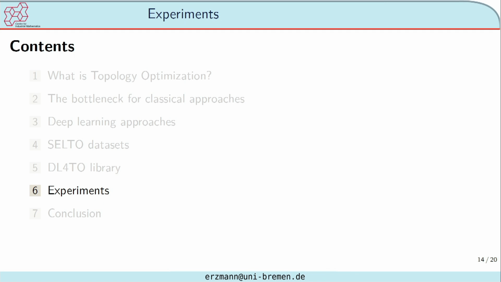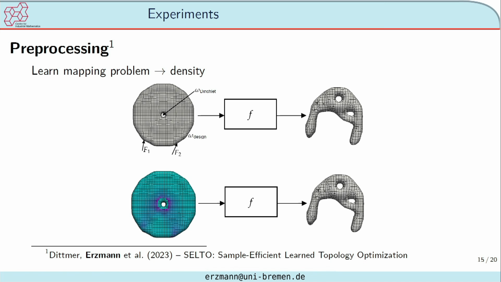Okay, next I will show you some of the experiments that I conducted with this library. In this paper, which I mentioned earlier, the DL4TO paper, I learned a mapping which takes as input a problem, and as output we obtain the final optimized density. And the first thing that we need to answer is, how do we pre-process the data?